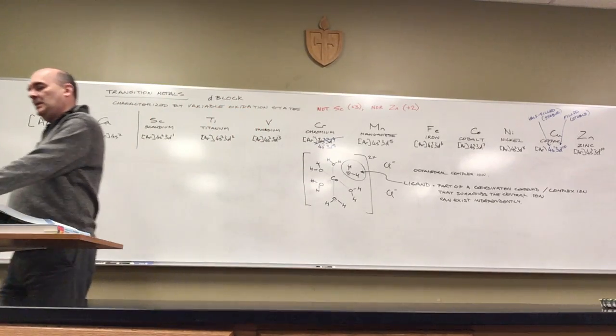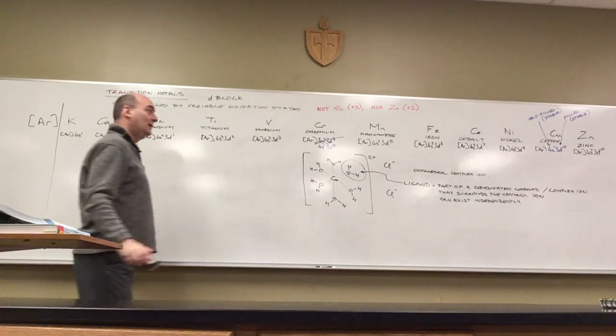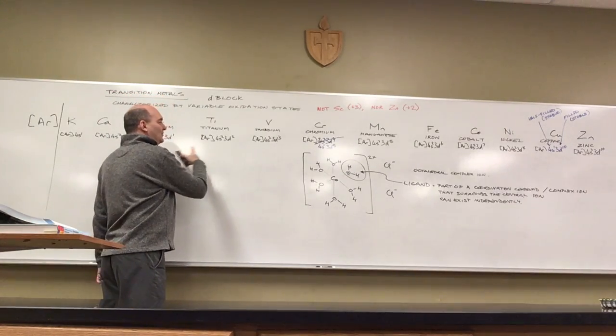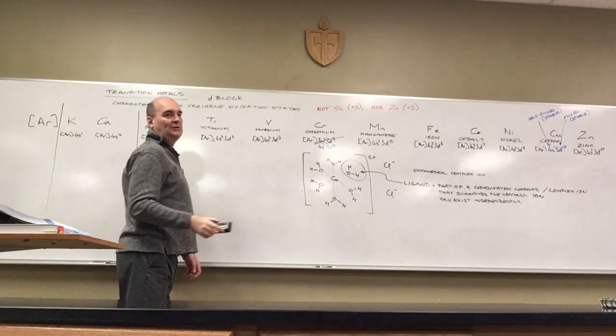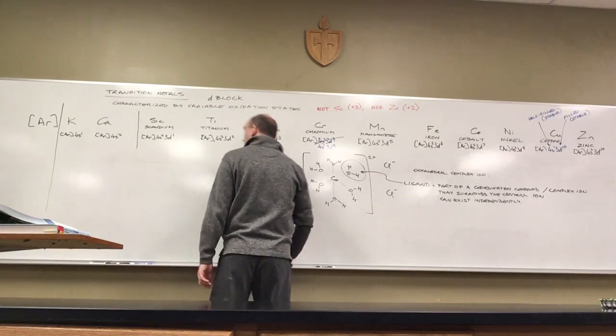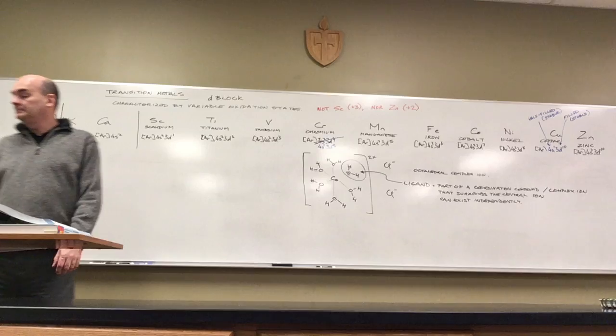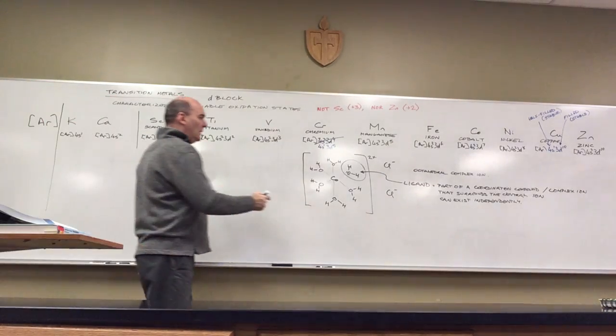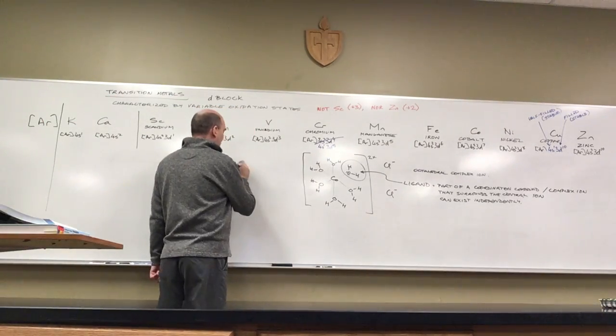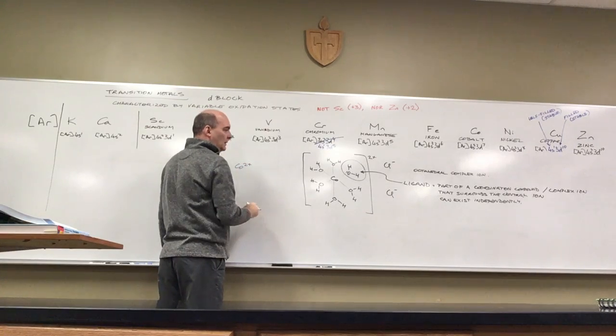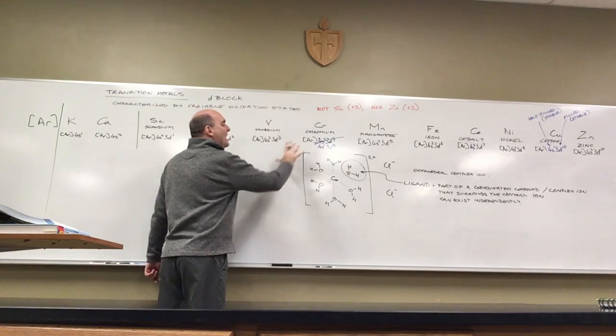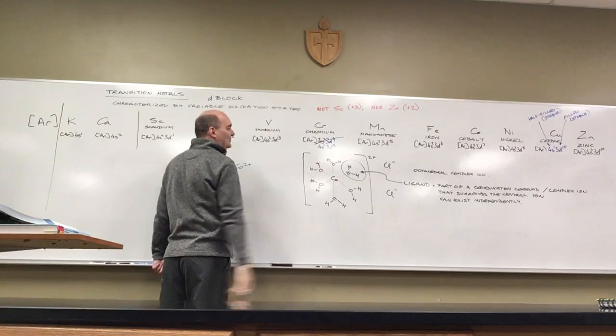Certainly, it beats organic and biochemistry, is that each of these has its own individual color. Oh, we've got to give this a name. So this is just cobalt-2, right? But now it's dragging 6 waters with it.